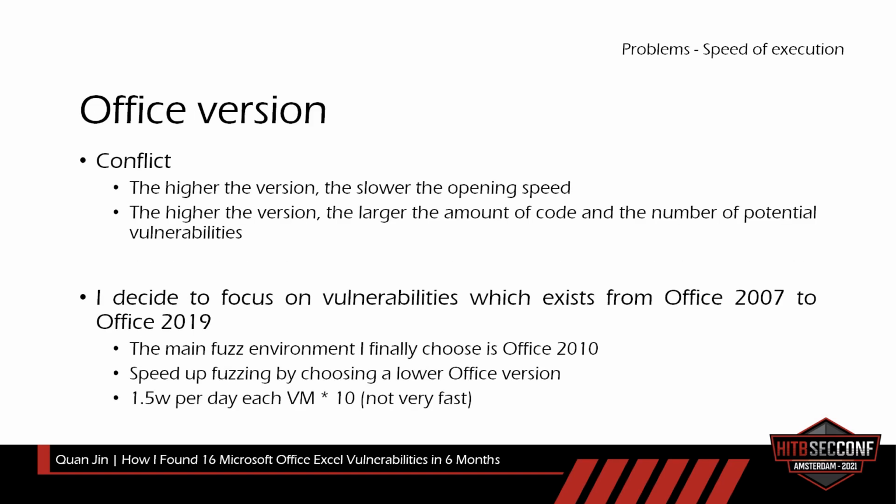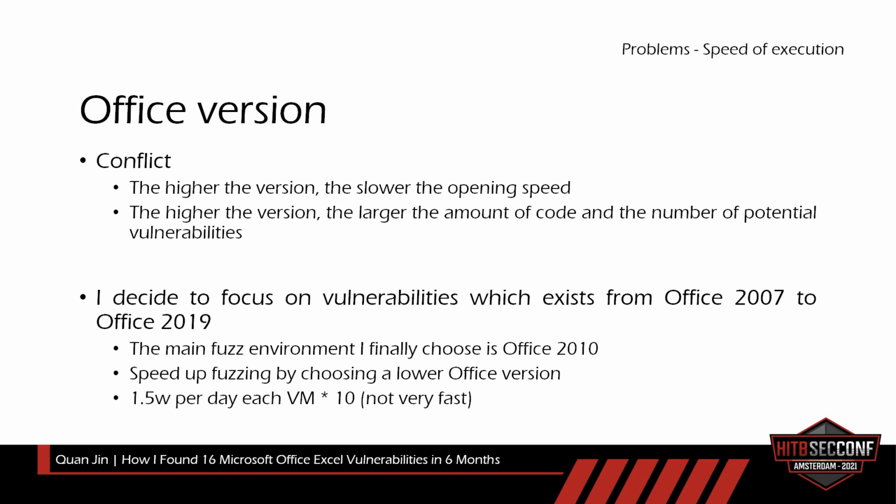There are many versions of Office. The higher the version, the slower the opening speed. From another perspective, the higher the version, the larger the amount of code and the number of potential vulnerabilities. I need to make some trade-offs. After a period of evaluation, I decided to focus on vulnerabilities that exist from Office 2007 to Office 2019.